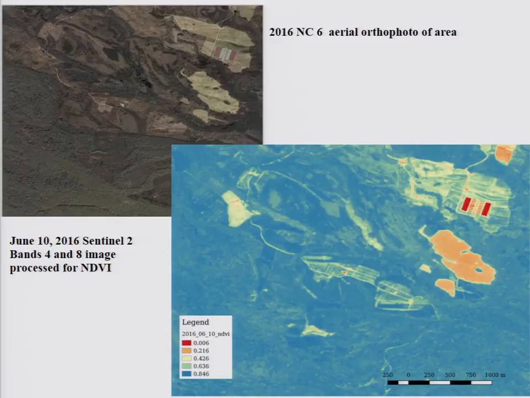Then we look at the 2016 data, and this is from June 10th, 2016. Once again, you've got the farm fields here, and you see a little bit of difference right over here in this one and over in here. But you've also got some farm fields over here where some stuff has been happening.